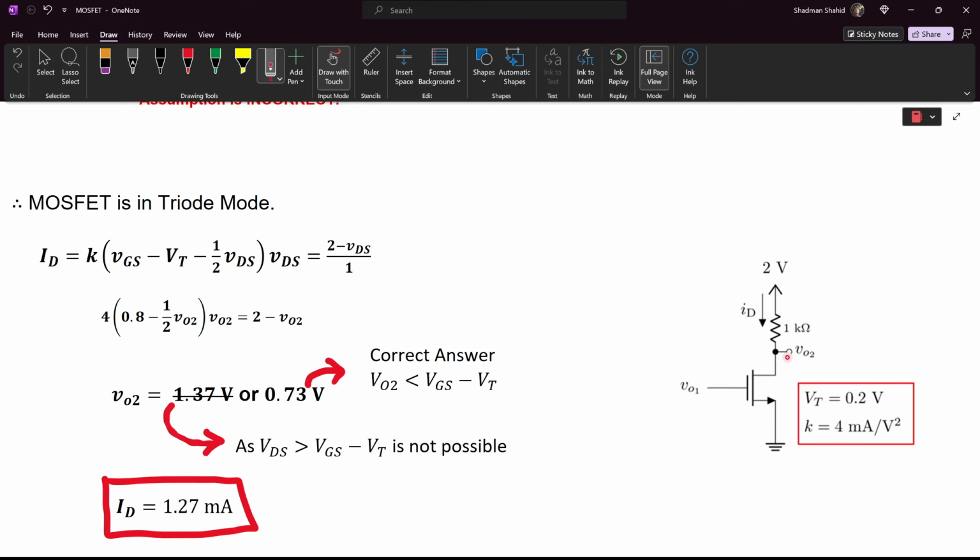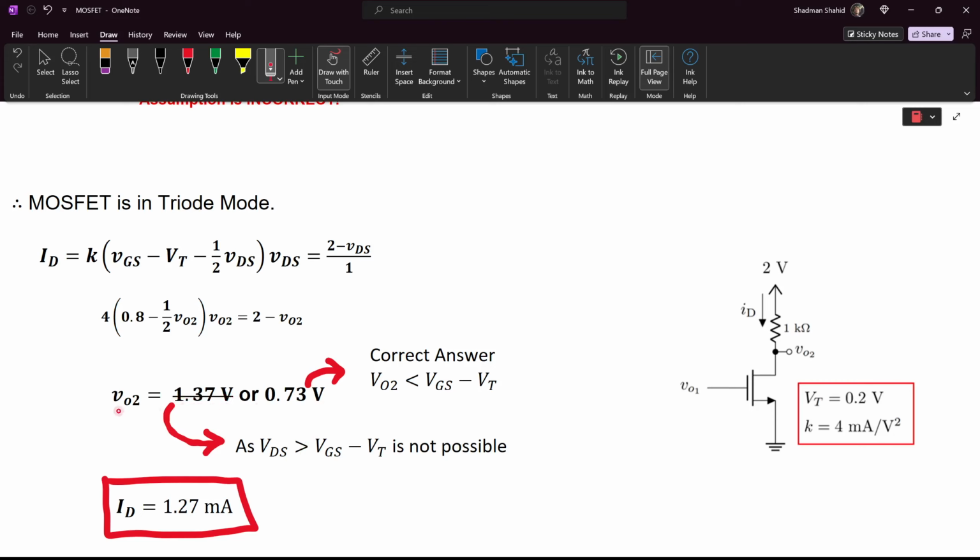Now, we have to remember that we assumed triode mode of operation for the MOSFET. That is, this voltage VO2 should be less than 0.8 volt. But if VO2 becomes 1.37 volt, then clearly this is greater than 0.8 volt, that is VGS minus VT. And so that is why 1.37 volt is not an acceptable answer.